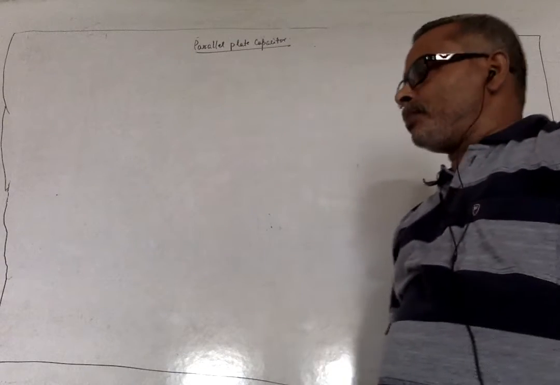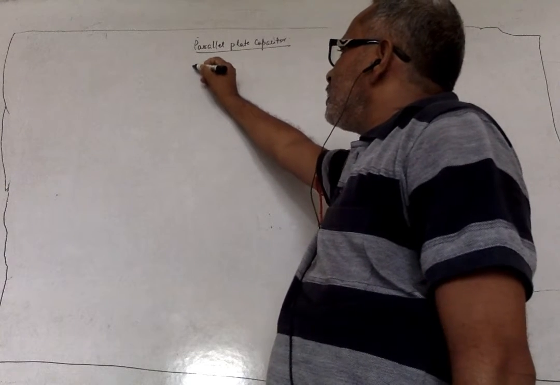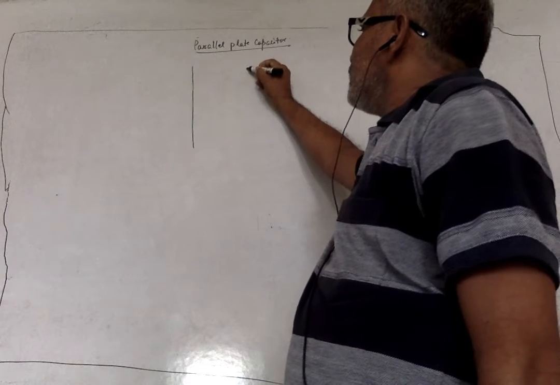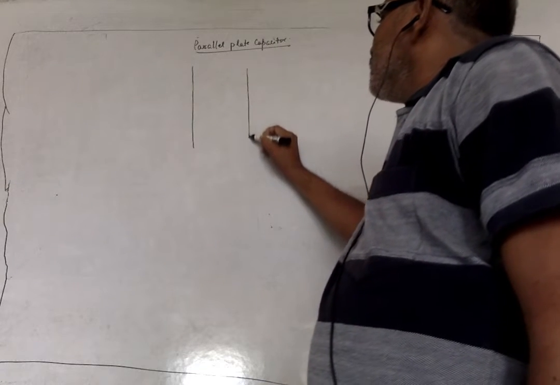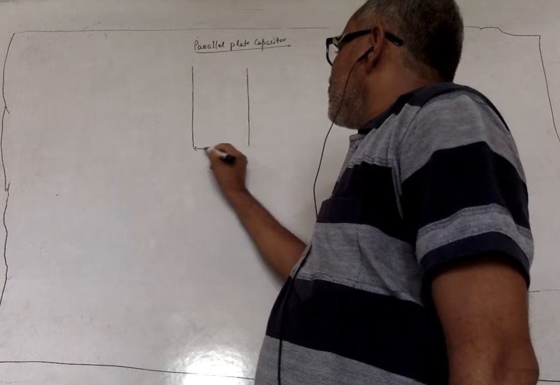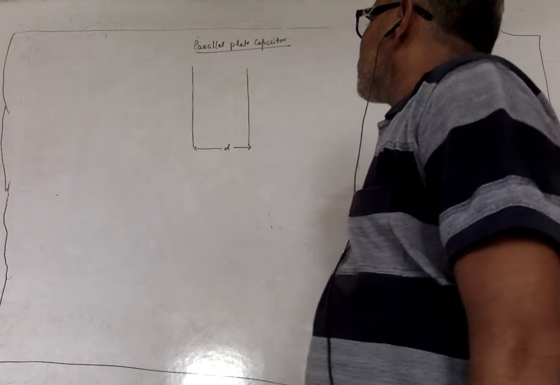Two plane and parallel plates, in which one is the collecting plate and the other is the condensing plate, separated by a very small distance, is called a parallel plate capacitor.